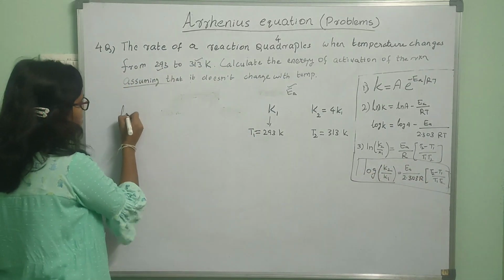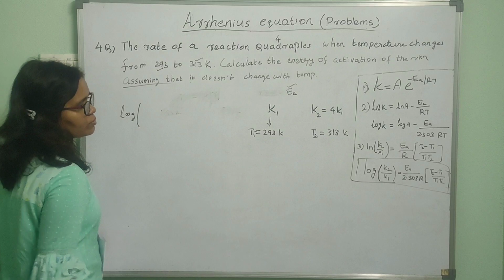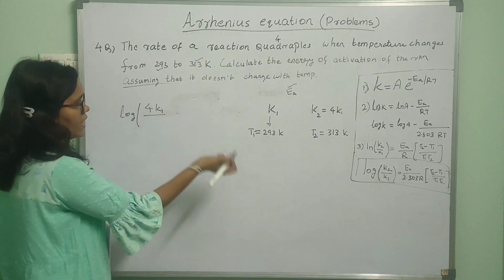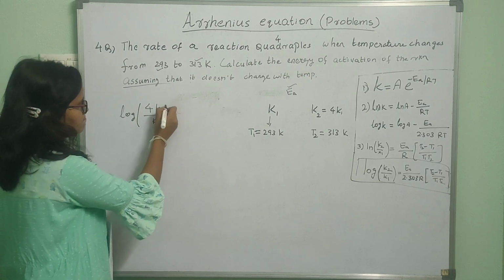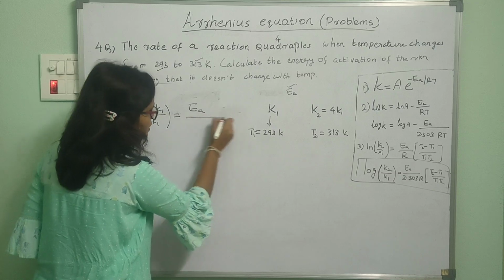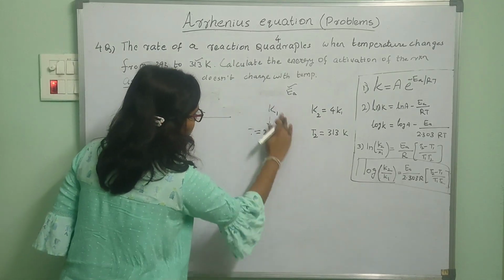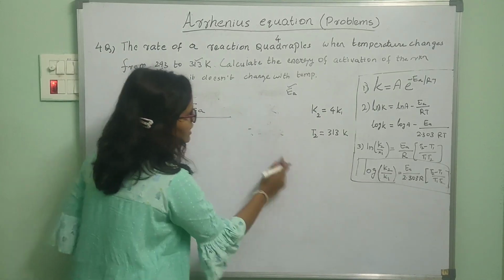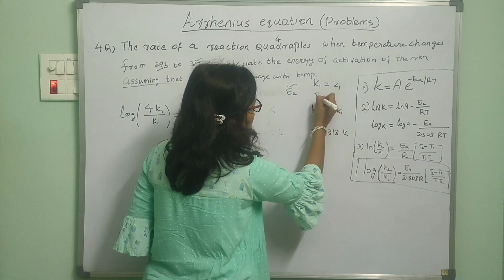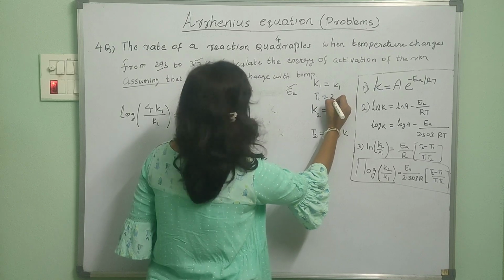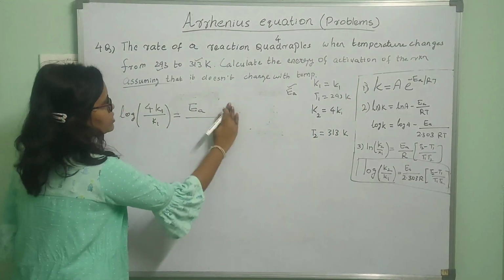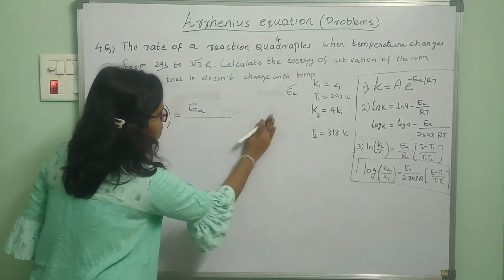So how do we solve this? Log K2 by K1. So K2 is 4 K1 and initial rate is K1. So EA is EA, which we need to find, and I'll write it here. So K1 is K1, which is at temperature 293 Kelvin. Okay. So this place we need to solve the problem.